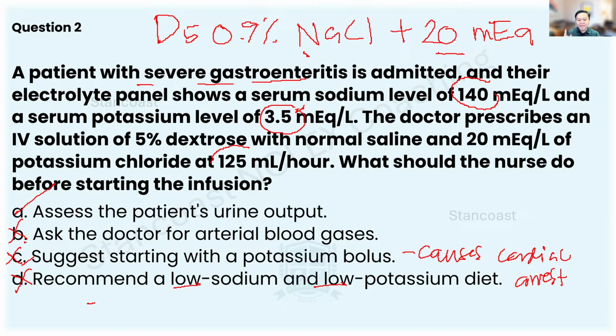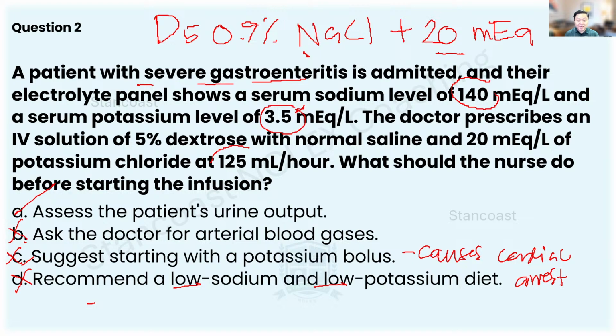Guys, whenever you are dealing with a patient with hypokalemia, and if you have an order to replace their potassium, make sure that you are addressing their hydration first. Make sure that they have enough urinary output, because if you don't address that first, it can cause the potassium to accumulate in their bloodstream.